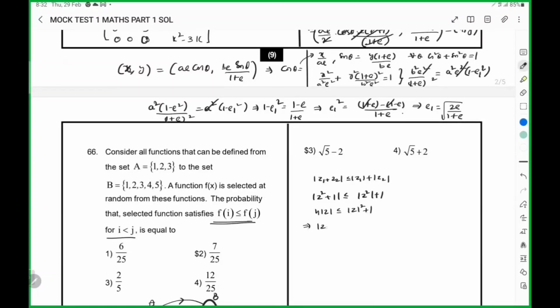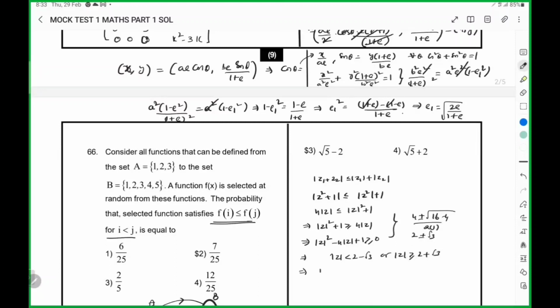So mod z square plus 1 greater than 4 mod z, that is mod z square minus 4 mod z plus 1 greater than 0. From here, roots are 4 plus or minus root 16 minus 4 by 2a, which is 2 plus or minus root 3. Mod z is less than 2 minus root 3, or mod z is greater than 2 plus root 3.